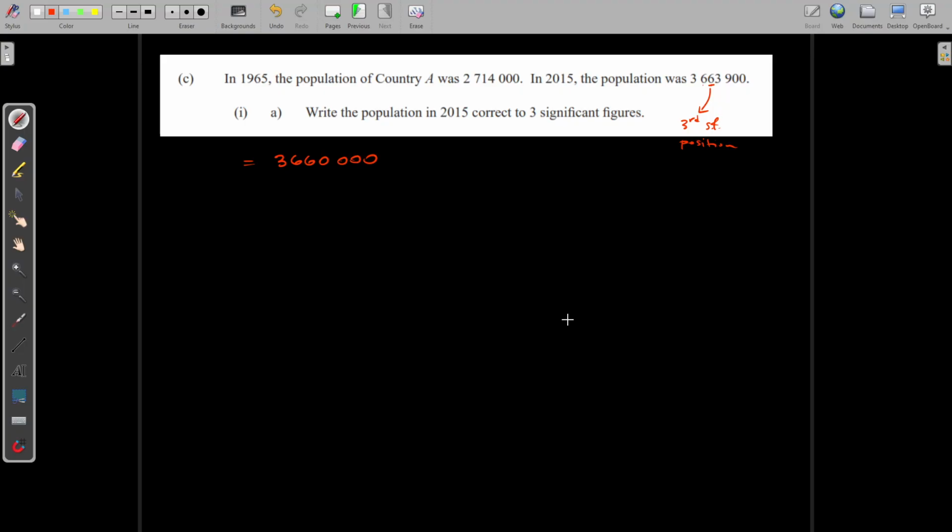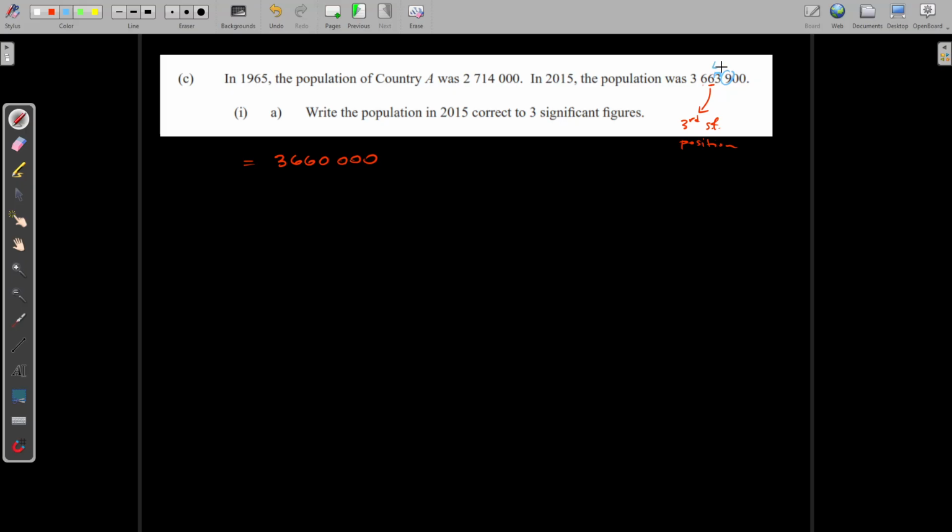Alright, so sir, if it was 4 significant figures, what would we write? 3664000. Yes, because we look at what's in the fourth significant position, then we realize that we have a 9 after it.